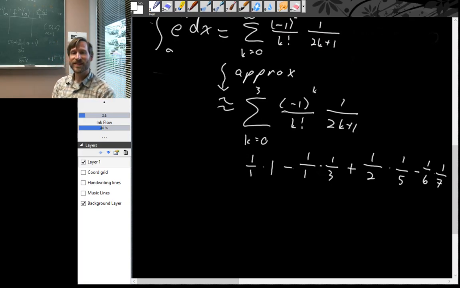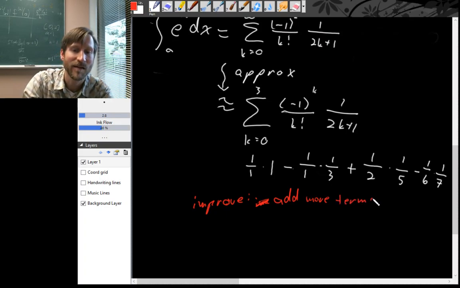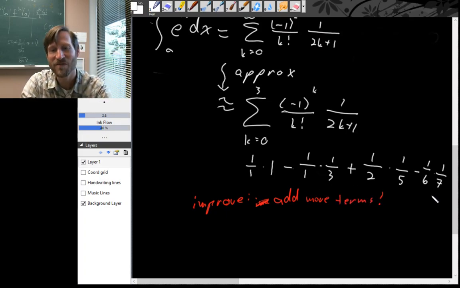And imagine improving this approximation. To improve this approximation, what you do is go further along the sum and add more terms. Well, we already have the first 3 terms.